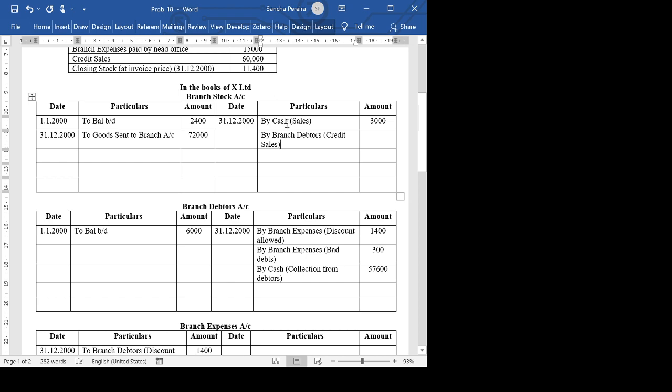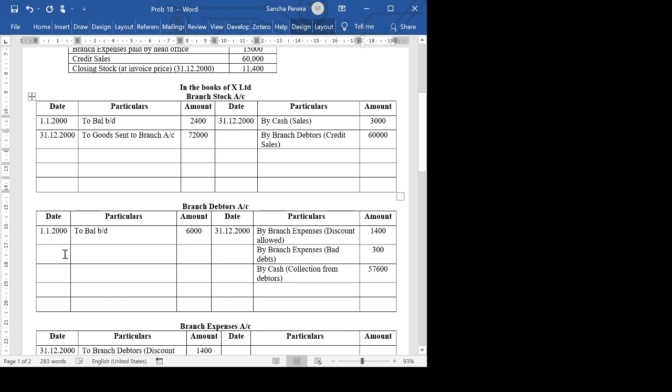If we had a cash account, and I had to post this in the cash account, I would have said by branch cash. But right now I don't have a branch cash. Is that clear? So this I'm going to also post in the branch debtors. That's why I'm saying by branch debtors, credit sales, and the amount is 60,000.